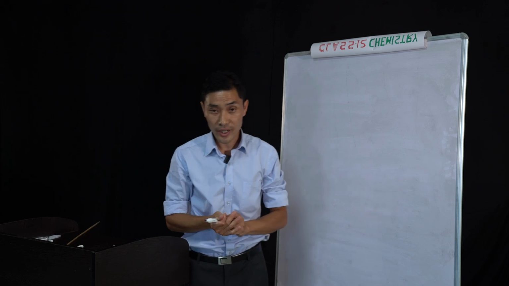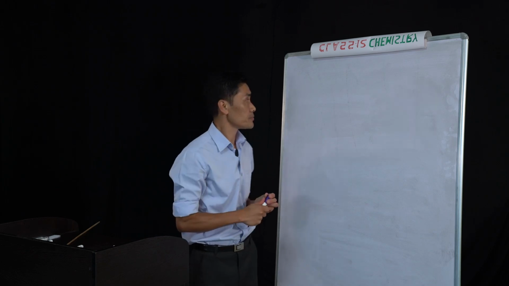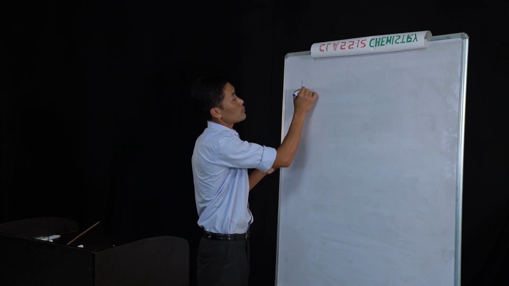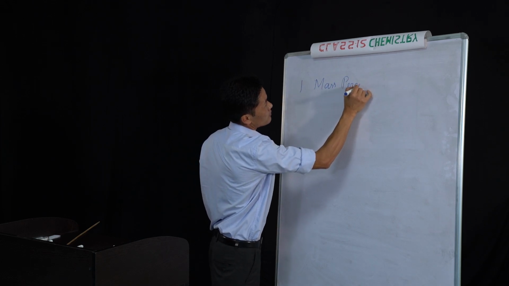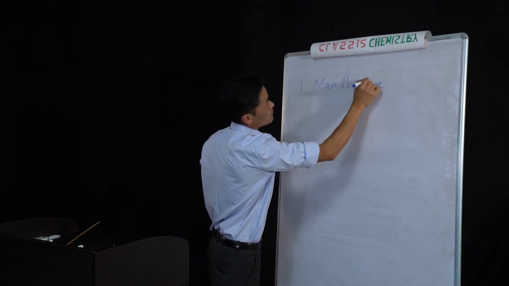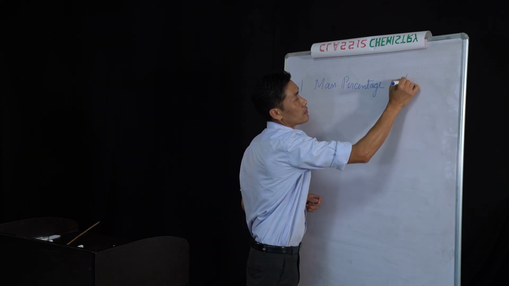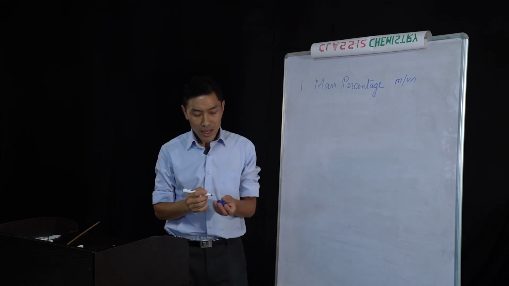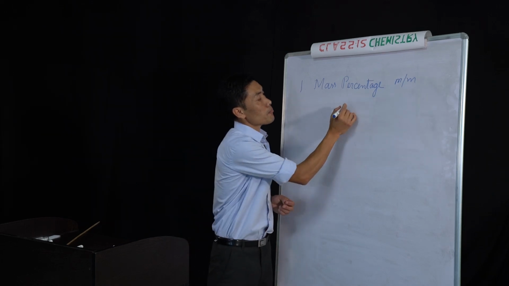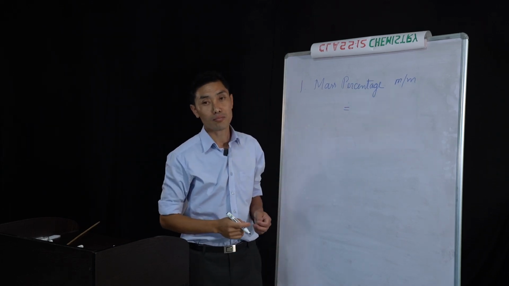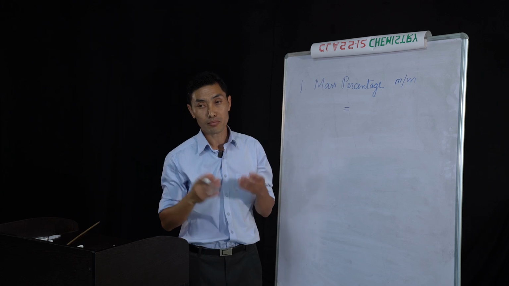The first method for expressing concentration of a solution is mass percentage. Mass percentage of any component in a solution will be given by mass of that component divided by total mass of the solution, multiplied by 100.